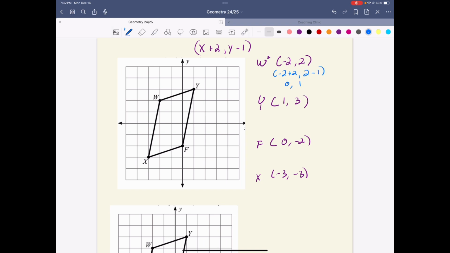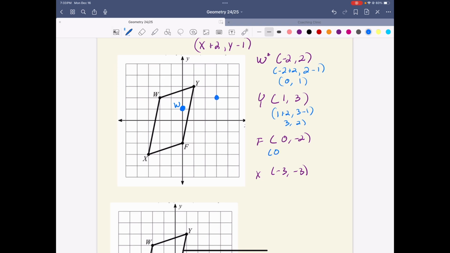So that gives me the point 0, 1. So 0, 1 is right there. That's my new w. My new y value is going to be 1 plus 2, and then 3 minus 1. So 3, 2. It's right there. My new f value is going to be 0 plus 2 and negative 2 minus 1. So that gives me the point 2, negative 3.